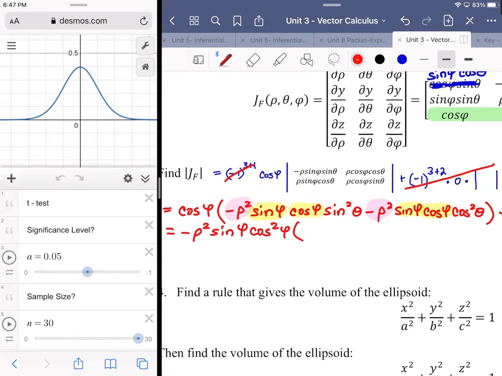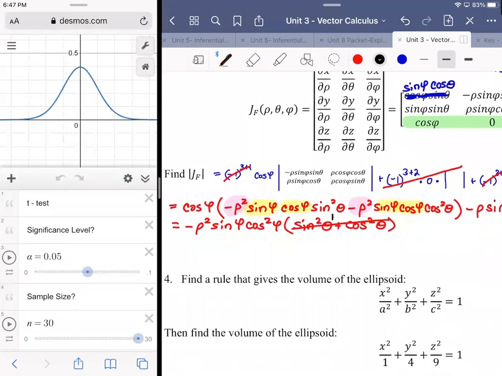And what'll be left over would just be a sine squared theta plus cosine squared theta, which is going to go to 1 because that's a Pythagorean identity. That goes right on down to 1. All right, so that's nice.